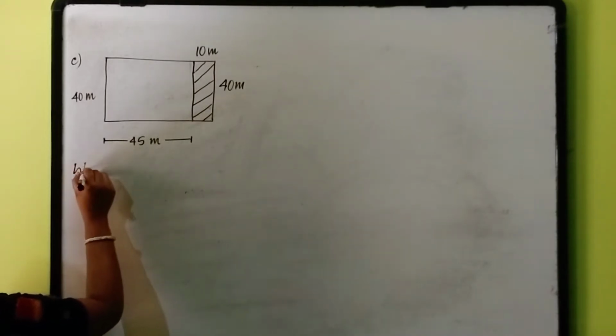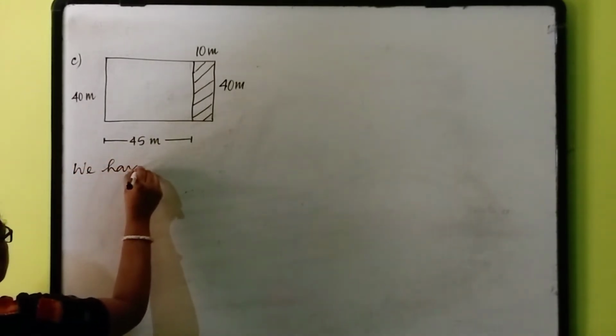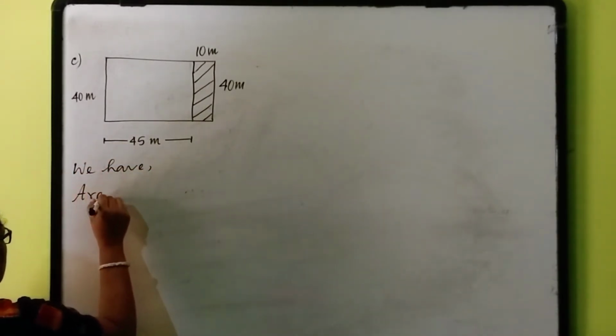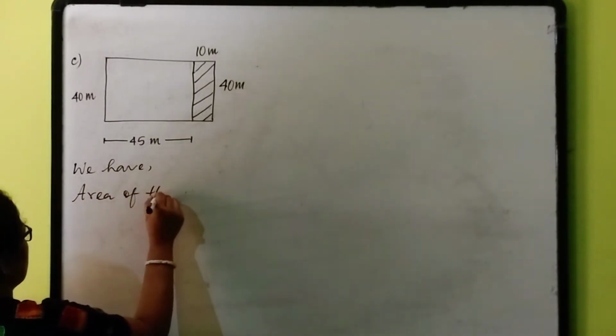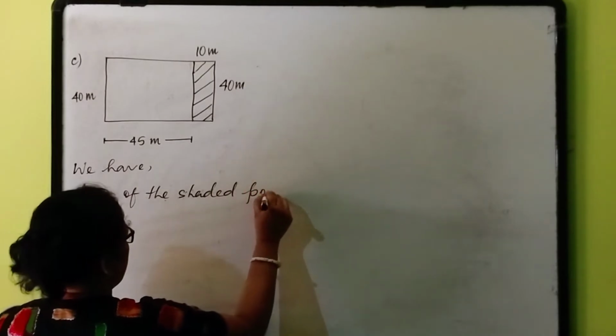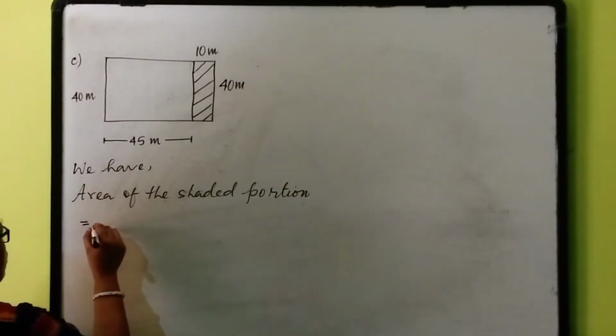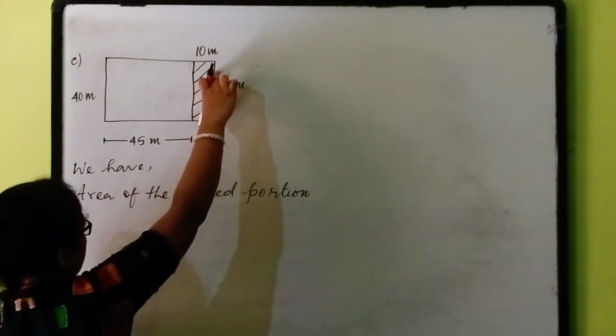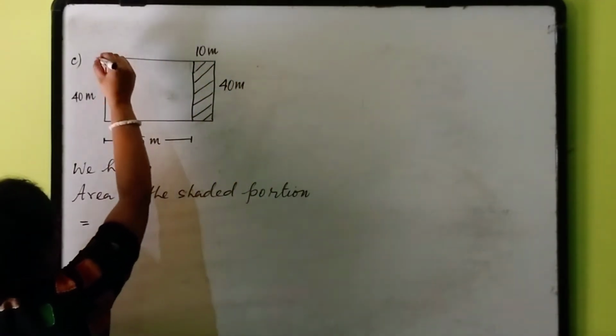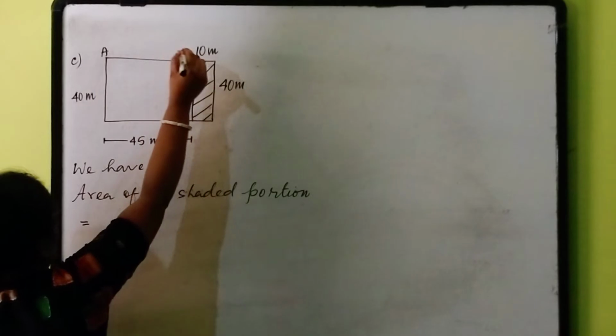So what will you write? Area of the shaded portion is equal to length into breadth. We can name it here also, no problem.